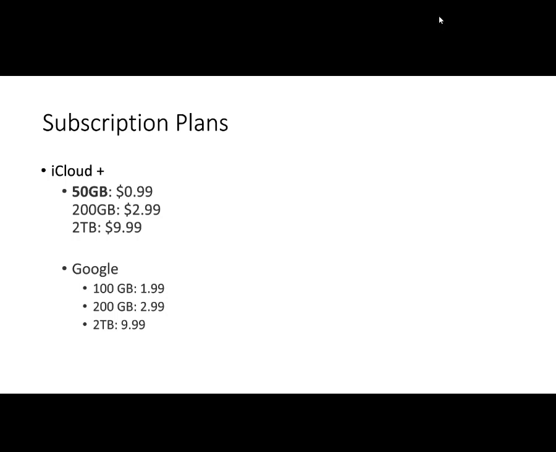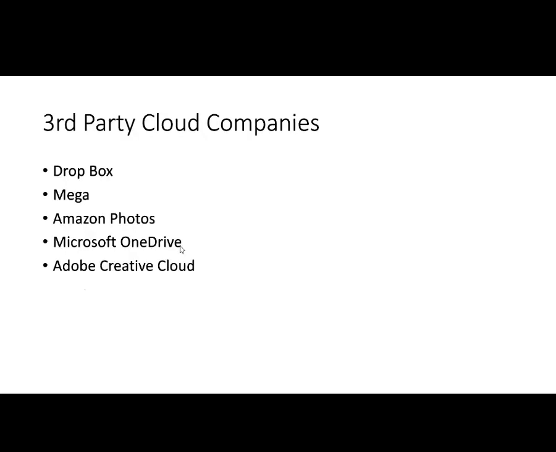All right. So if you are someone today who doesn't want to use iCloud or doesn't want to use Google Photos, there are other cloud companies that exist. First thing, of course, is Dropbox. So Dropbox is another place that you can save your pictures and documents to. But once again, with these third-party cloud companies, you have to put these manually into these systems, right?